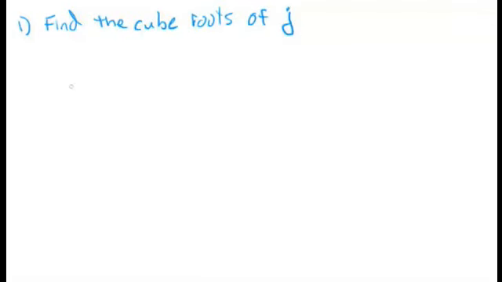We'll illustrate using complex exponentials to find roots in 3 examples. So our first example is, find the cube roots of j. Well, the answer goes like this. We write z cubed equals j, and now we want to write j in polar form.